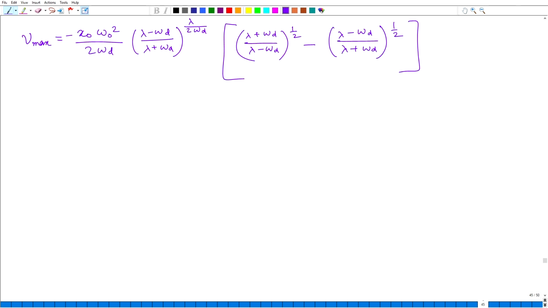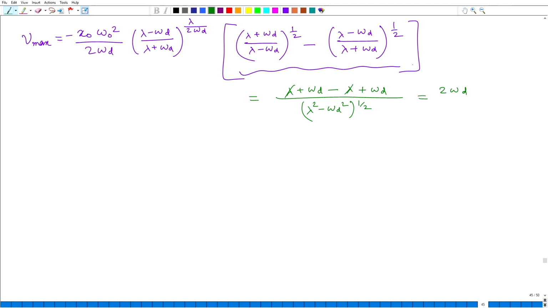So, I can just invert this. Okay. And then what is this? So, this you can actually calculate, you can say this is nothing but lambda square minus omega d square whole to the half, then I will have lambda plus omega d minus lambda minus omega d, that is plus omega d. So, I will have actually 2 omega d.